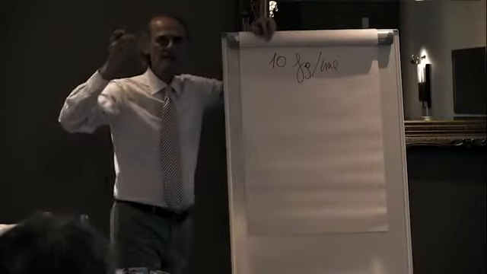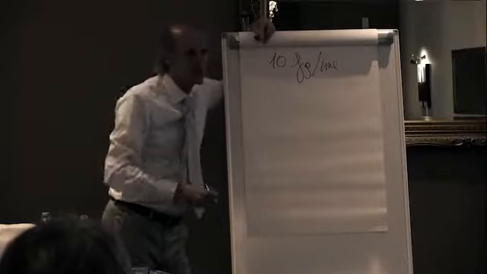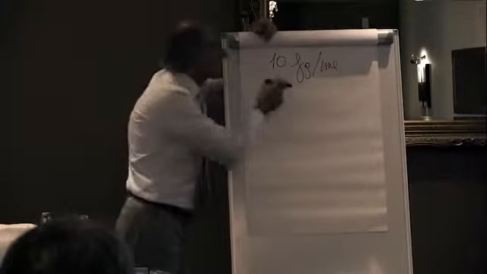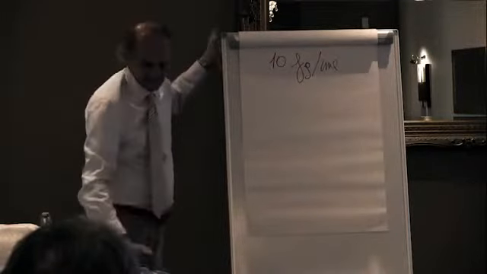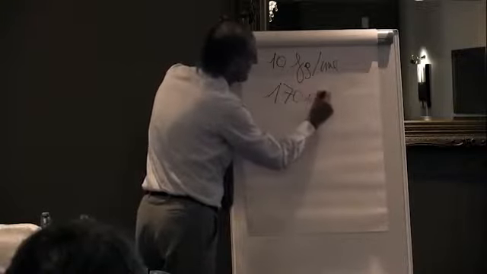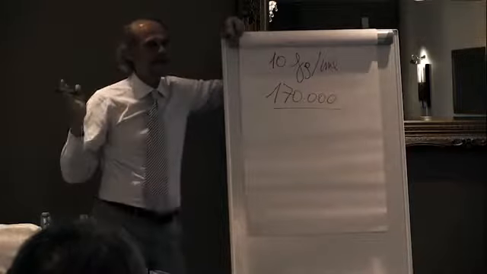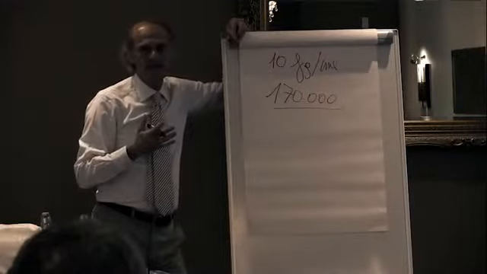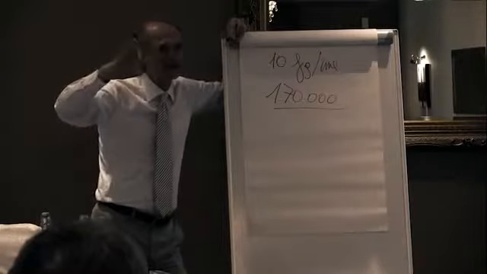In terms of molecules, how many molecules do we have in 20 drops of our medication? I can tell you 170,000 moles. Is it too little, too much? It's nothing. It's absolutely nothing.